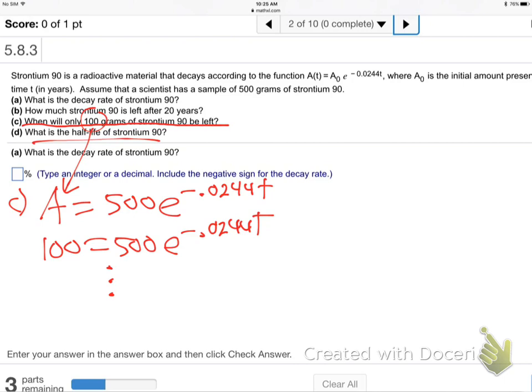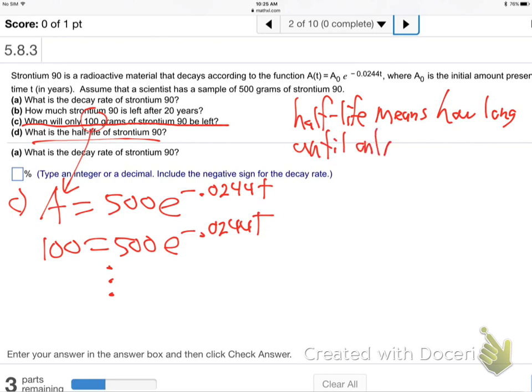Question D. What is the half-life of strontium? You heard that phrase before, the half-life of chemicals? Half-life, let me give you the definition, means how long until only half is left. Makes sense. Half-life, like what's the life of half of it?